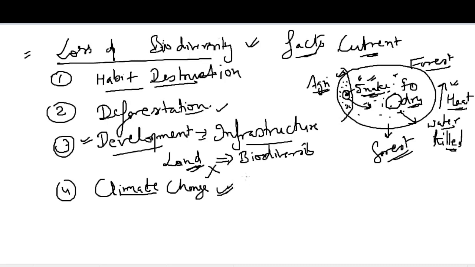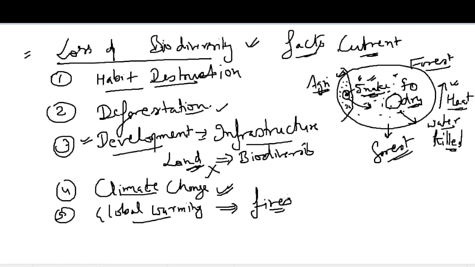Climate change has another dimension also, like global warming. Due to global warming, the temperature of the earth may increase. When the temperature increases, it leads to fires. That can be natural. When there is a fire, the biodiversity gets burnt out.